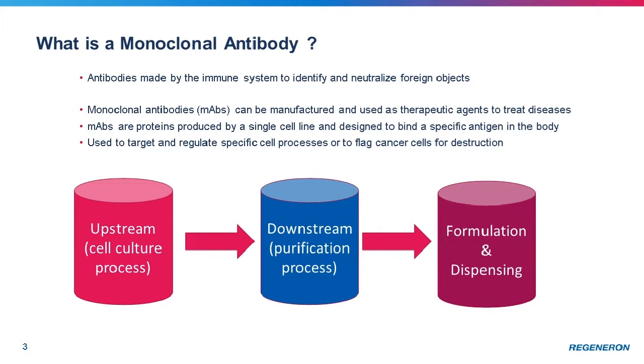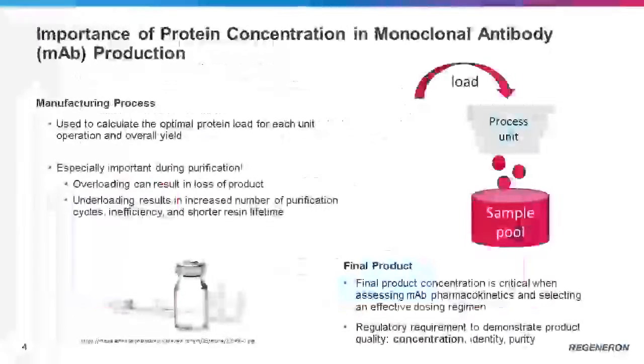This is then followed by a downstream process where the antibody is purified through a series of unit operations, typically consisting of resin-packed columns that are designed to remove impurities that have been introduced or generated by the cell culture process. And finally, the purified antibody is formulated, dispensed, and packaged for administration to the clinic.